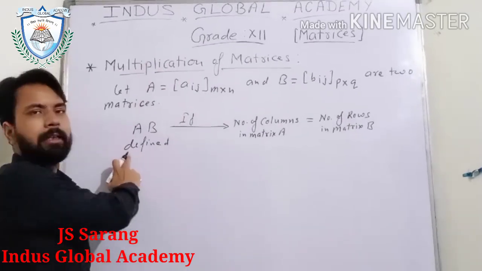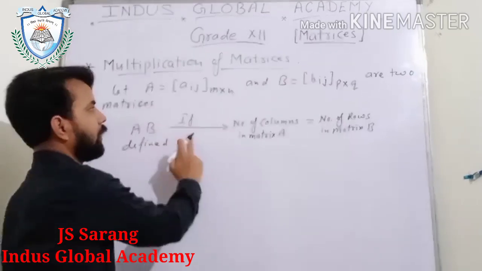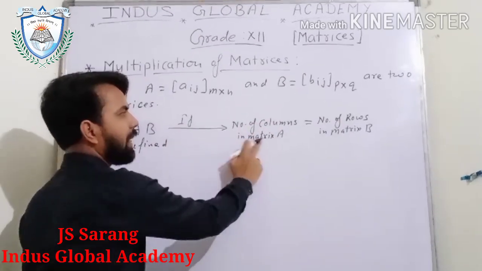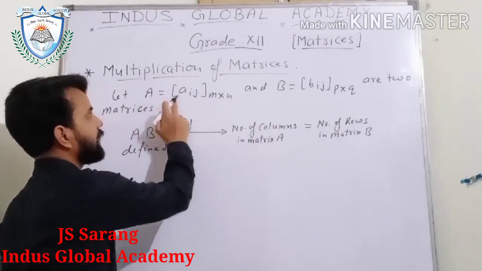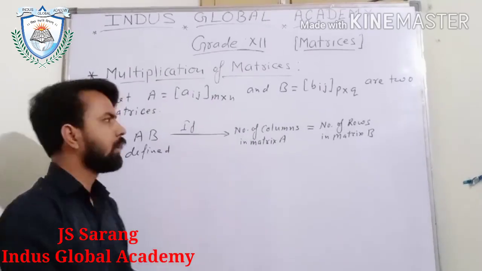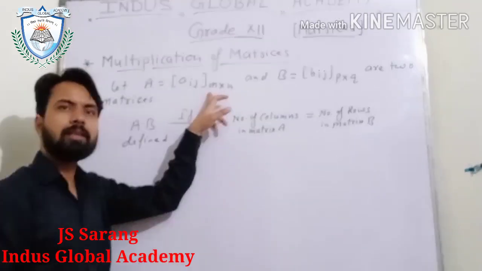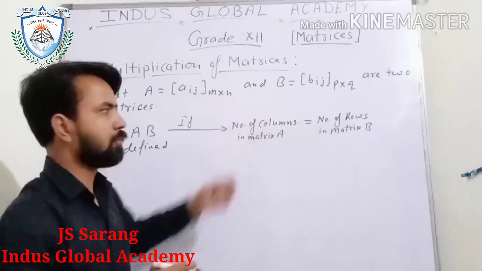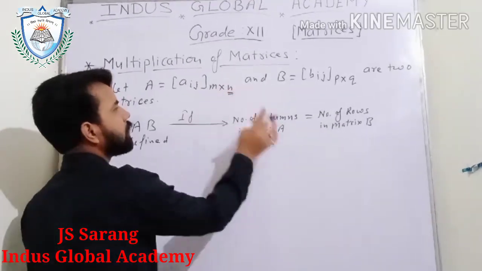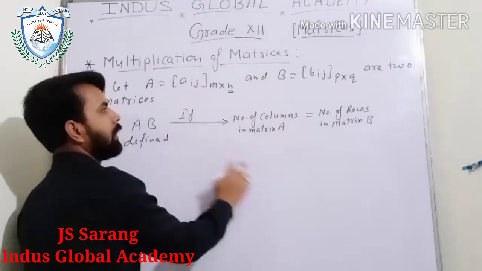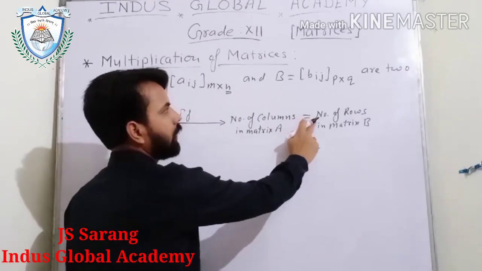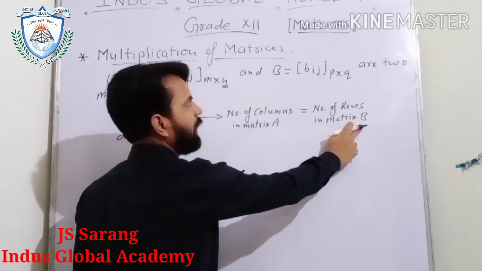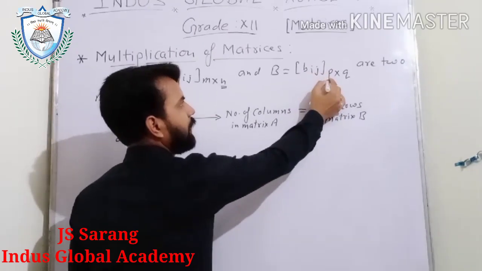It will be defined when the number of columns in matrix A, you know the order m by n, where m stands for the number of rows and n stands for the number of columns, must be equal to the number of rows in matrix B. The number of rows in matrix B is p.